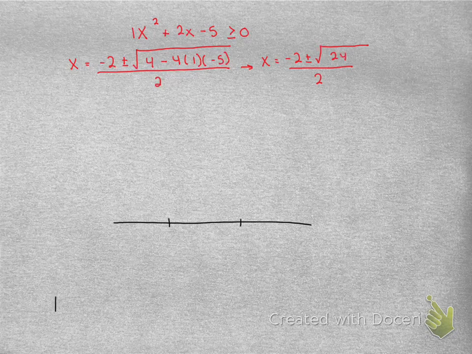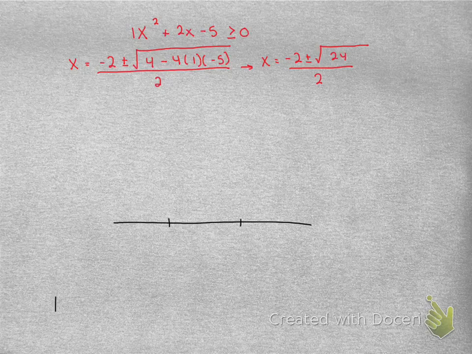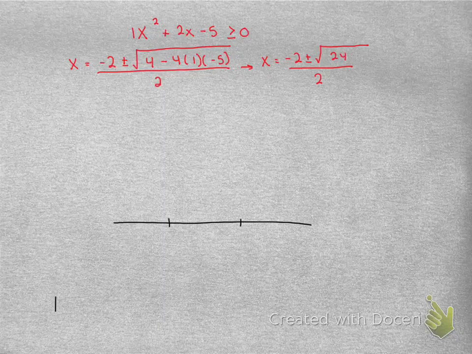Negative 2 plus the square root of 24, hit equals, and then divide that by 2. And you get 1.45.